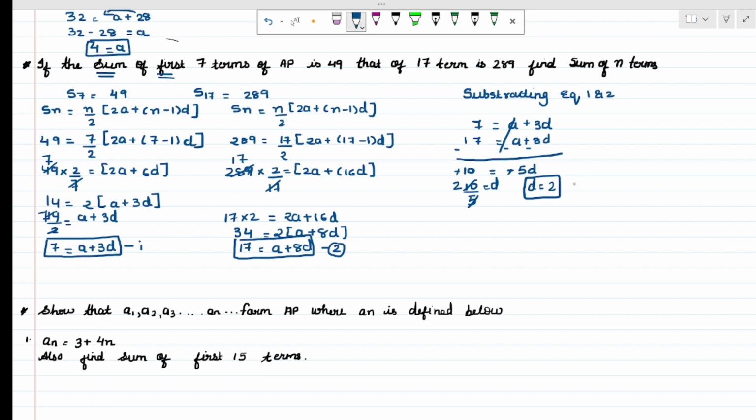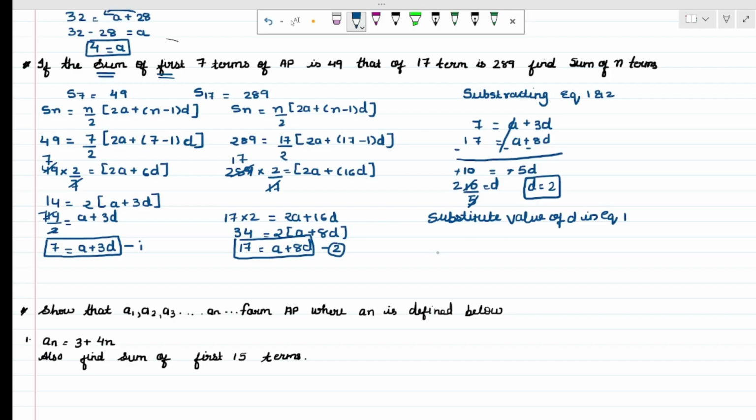Now I need to find my value of A. Just substitute the value of D in one of the equations. So I'm taking equation 1 and substituting. Write down: substitute value of D in equation 1.